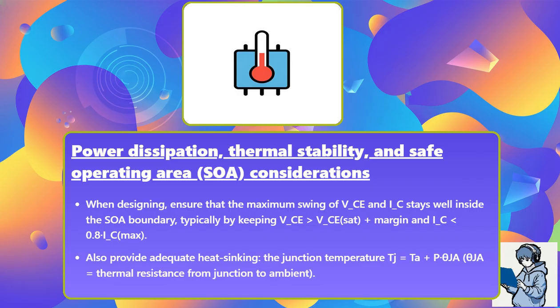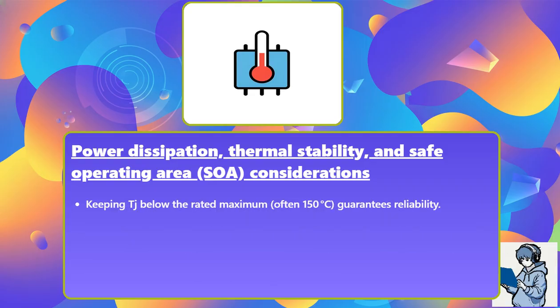Also provide adequate heat sinking. The junction temperature Tj equals Ta plus P times theta JA, where theta JA is the thermal resistance from junction to ambient. Keeping Tj below the rated maximum, often 150 degrees Celsius, guarantees reliability.